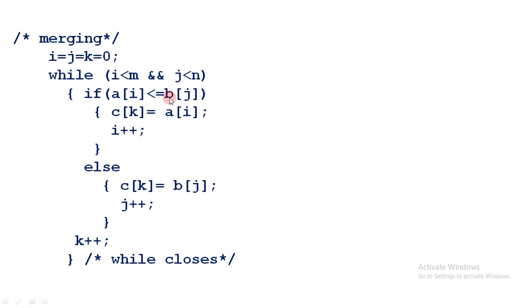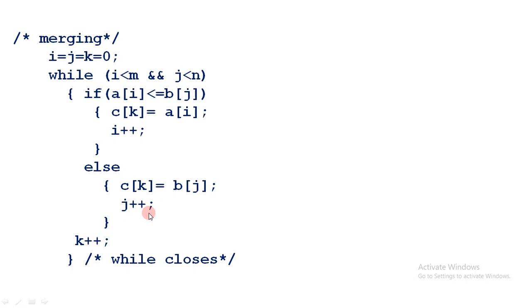If a of 0 is lesser than or equal to b of 0, then c of k should contain whatever a of i has. So a of i will go to c of k, and i will be incremented, because the element is plucked from A. Otherwise, c of k holds whatever is there in b of j.